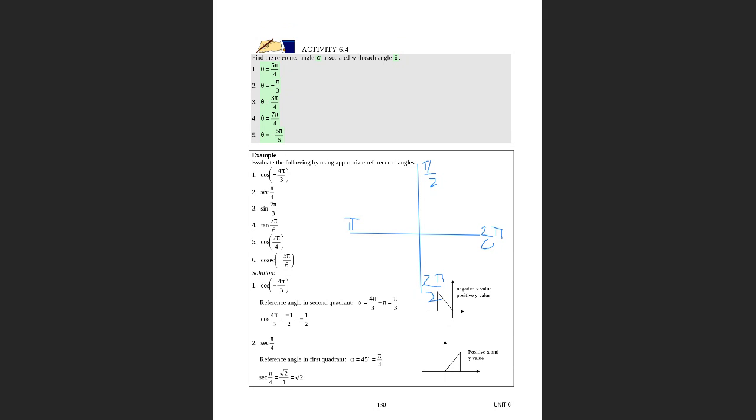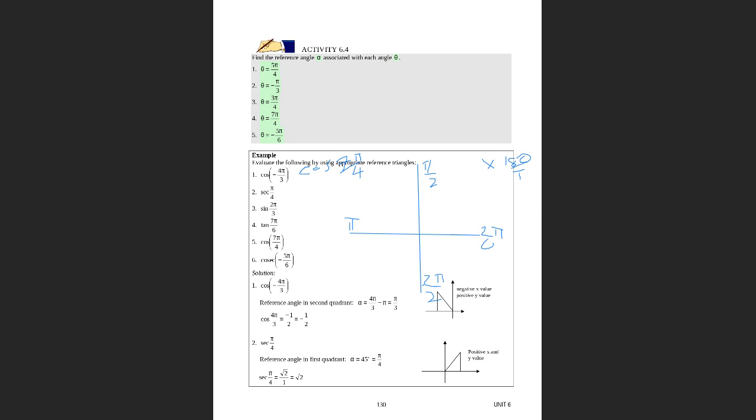Then you have to note that we are now looking at 7 pi over 4. If you are not sure, simply multiply by 180 over pi.